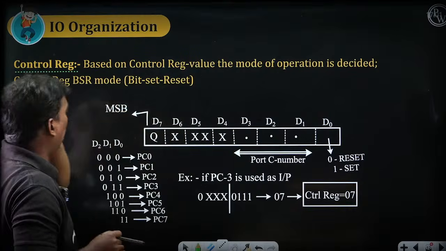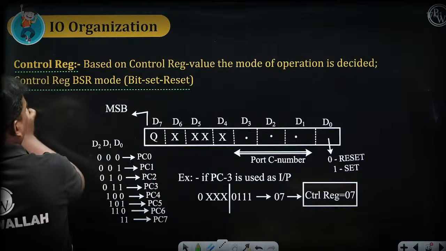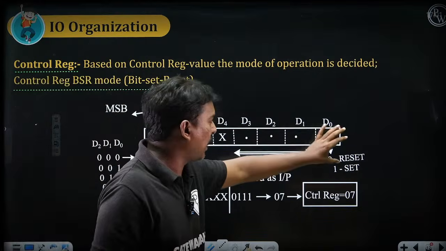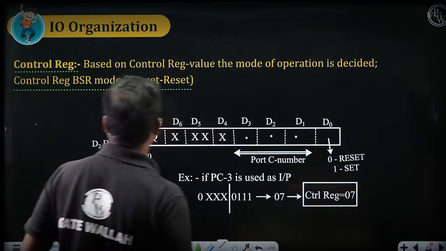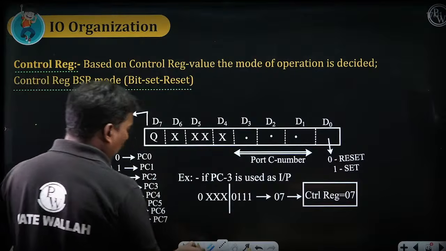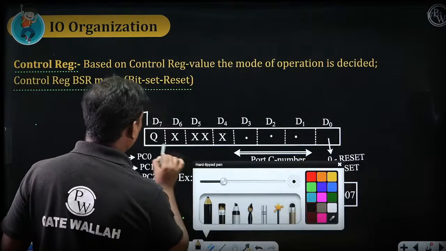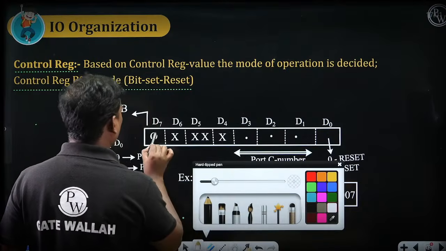For example, for bit set reset mode, see here, it has a total of 8 bits, D0 to D7. Here comes the MSB. MSB is always 0 here. If the MSB is 0, it is a bit set reset mode.